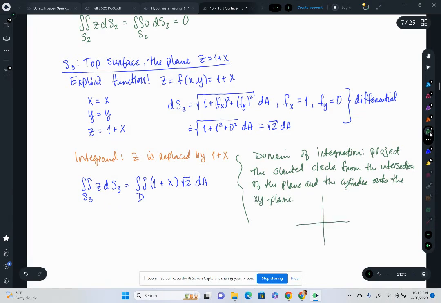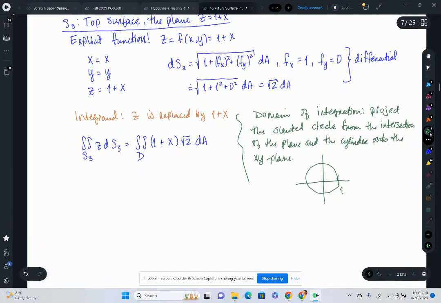On the XY plane, we simply get a circle of radius 1, so we're going to let x equal r cosine of theta and y equal r sine of theta, because we are taking the entire region inside to integrate over.